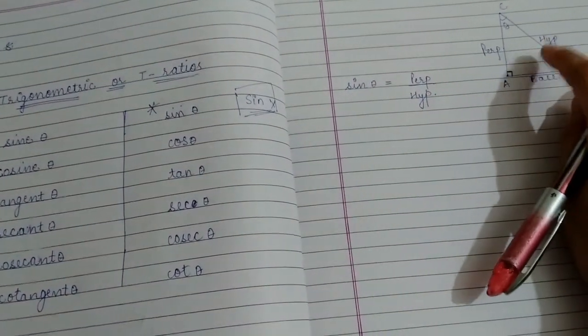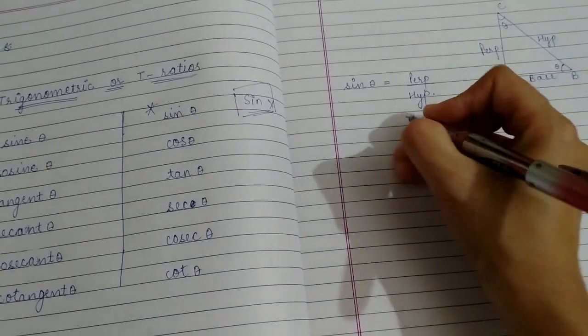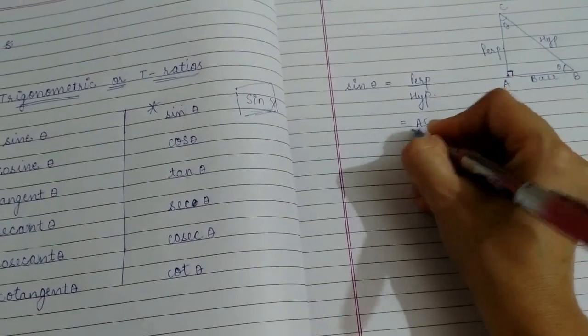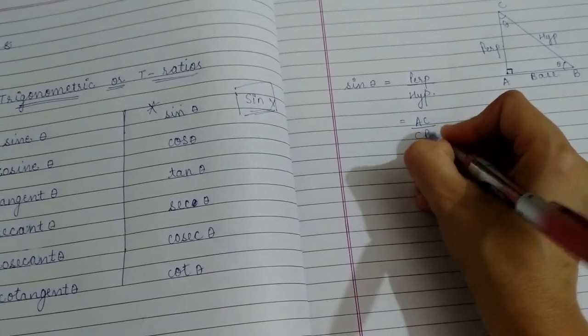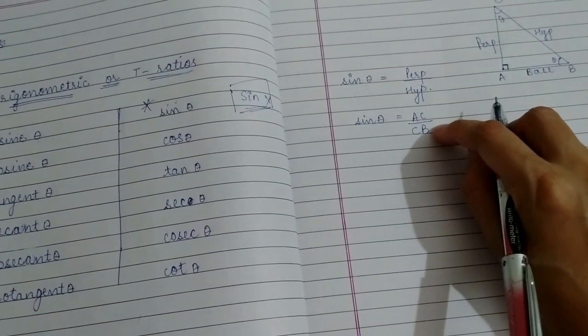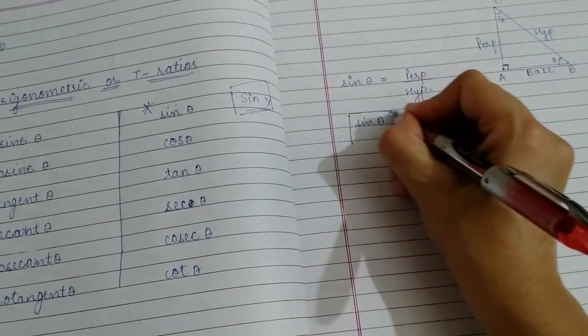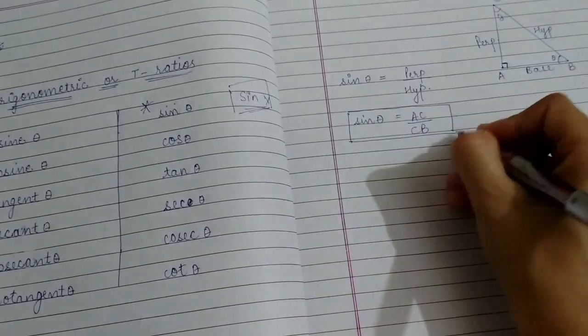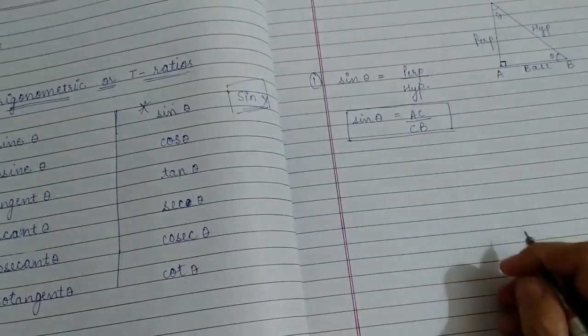So in this particular case the perpendicular is AC and hypotenuse is CB. So the value of sin theta will be AC upon CB. This is the first formula.